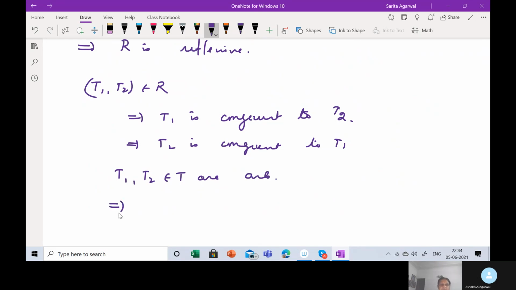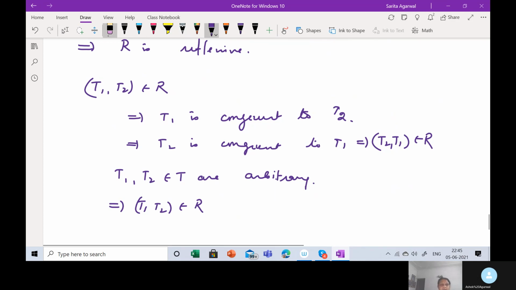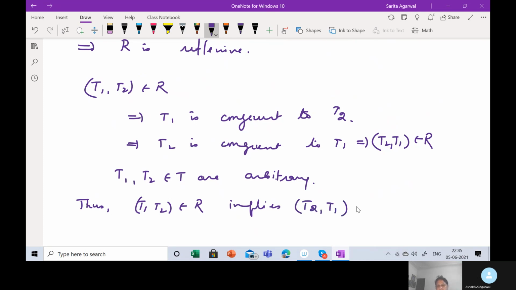That means that (T2, T1) belongs to R. Thus, (T1, T2) belongs to R implies (T2, T1) belongs to R for all T1 and T2 belonging to T. And this gives us that this R is symmetric, means the relation is symmetric.